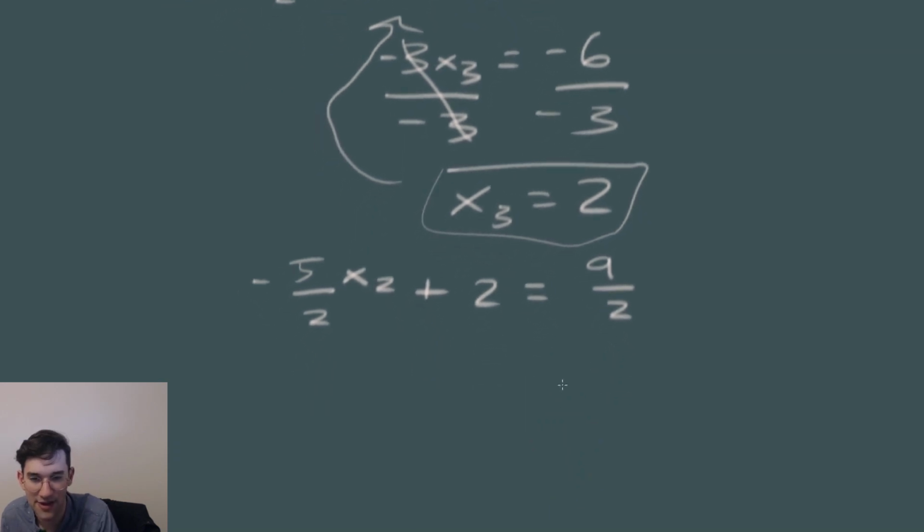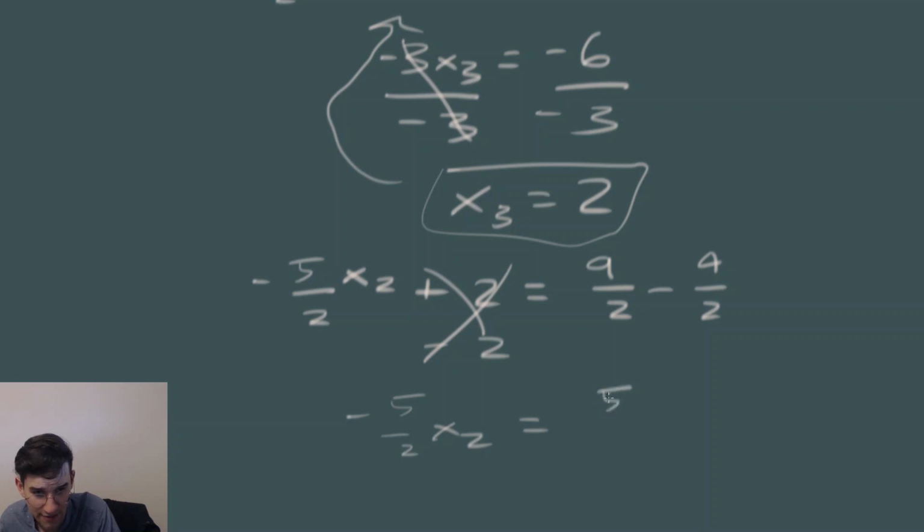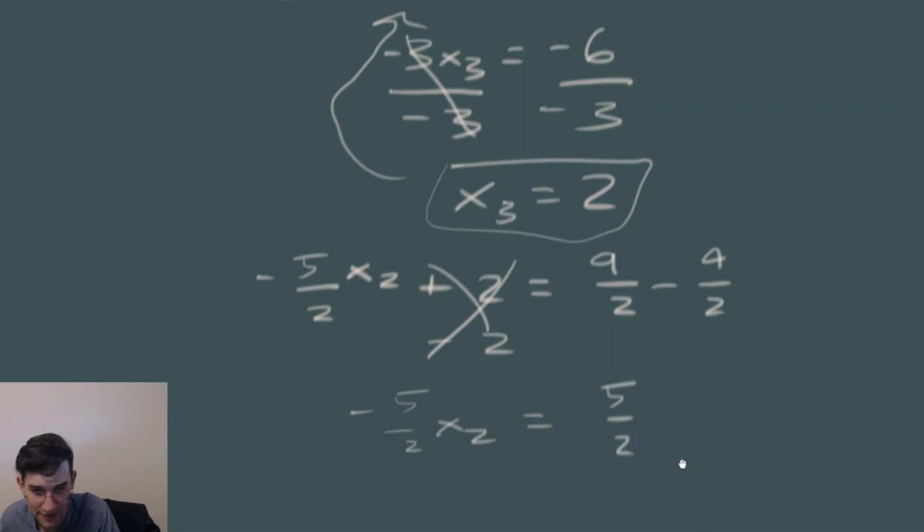All right, now let's solve for x2. Minus 2 on both sides to get rid of that. Then we have negative 5 halves x2 equals 9 halves minus 2. Well, minus 2 is the same thing, if we get that in halves, as 4 halves. 9 minus 4 is 5. So 5 halves.